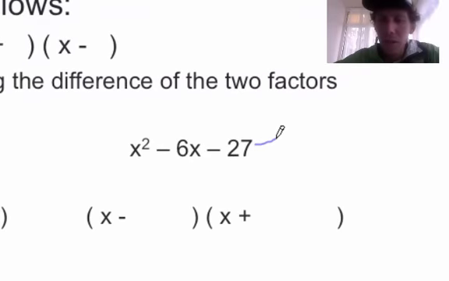Let's try another one. I know it's a little bit tough. Here we have a -27 and a negative sign here. So since the negative is with the b, we're going to put negative in the first bracket, and our bigger number is going to go here. So just a little reminder. What multiplies to 27? 27 times 1, 9 times 3.